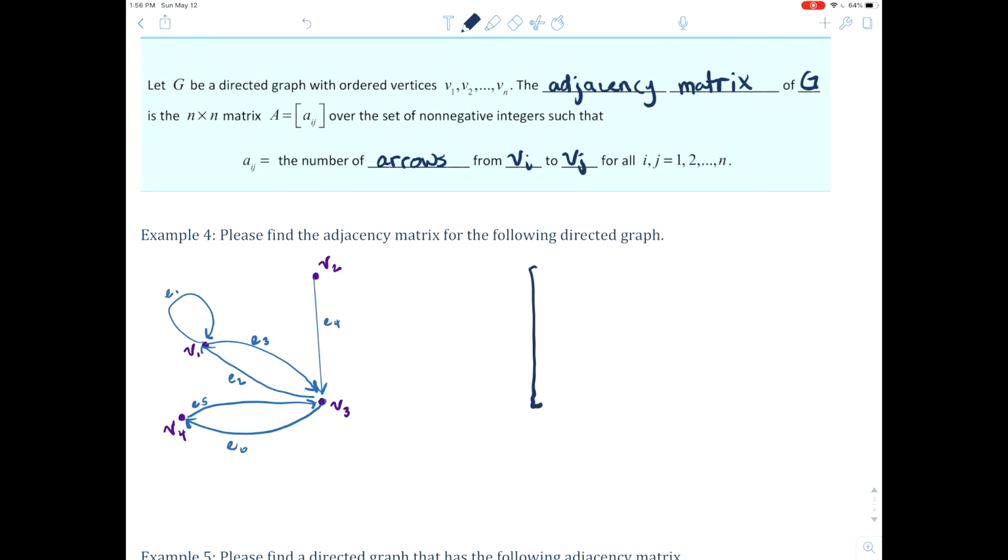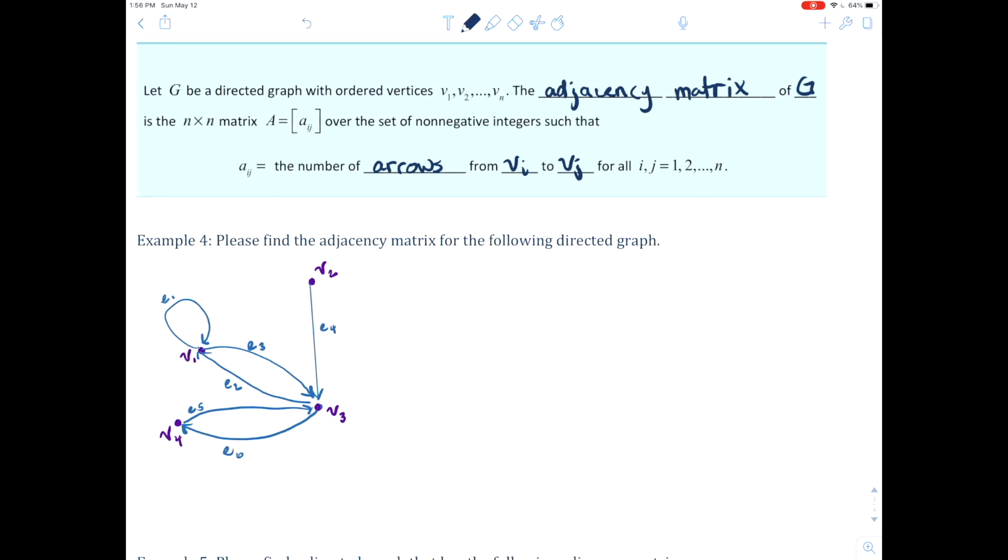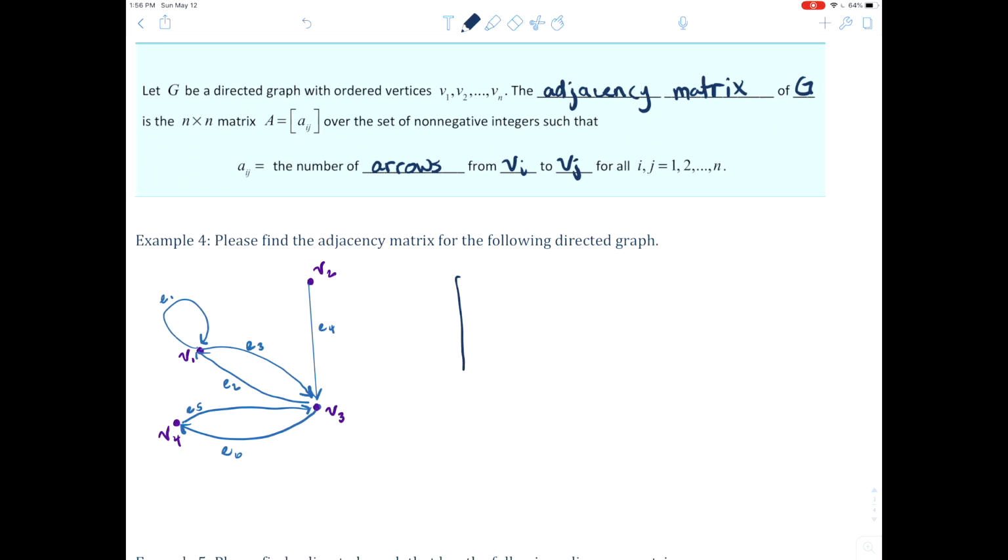You can call it matrix A if you want. Actually, I'll make this one smaller. Your general matrix will be A11, A12, A13, A14, then A21, and this is going across, A22, A23, and A24, etc., until you get your 4 by 4 matrix.